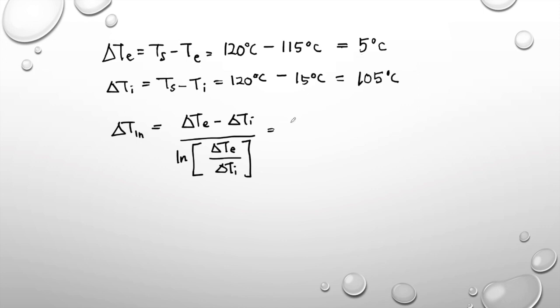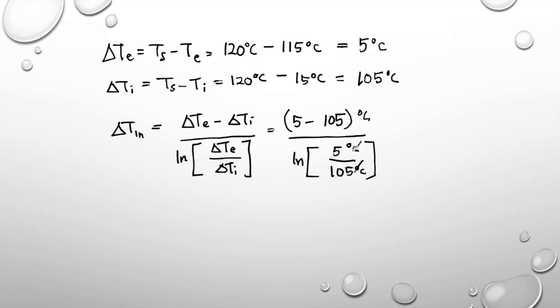Delta Te is 5 minus 105, in degrees Celsius, and then divided by ln of 5 degrees Celsius divided by 105 degrees Celsius. We can cancel out the units. So we will get 32.85 degrees Celsius. So we already solved for delta T log mean.